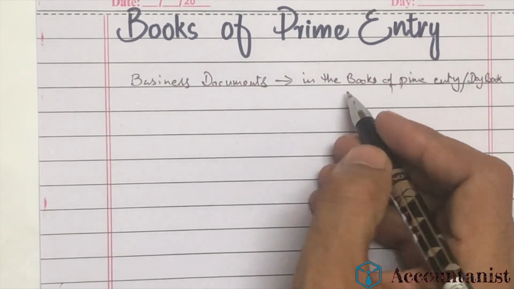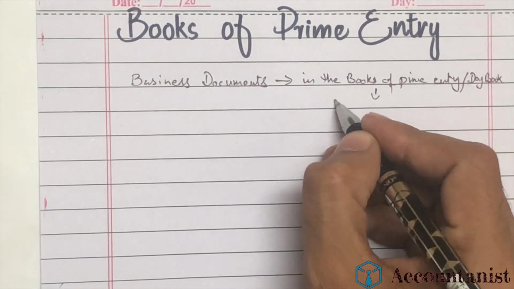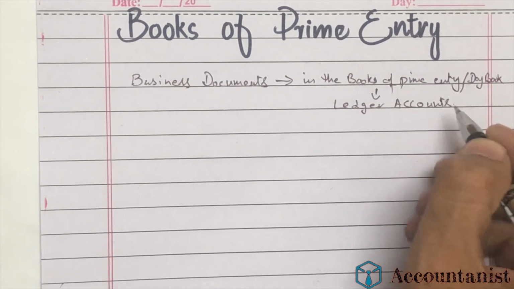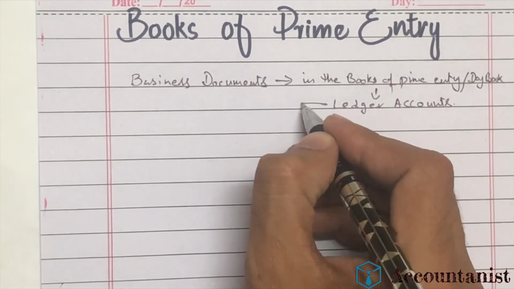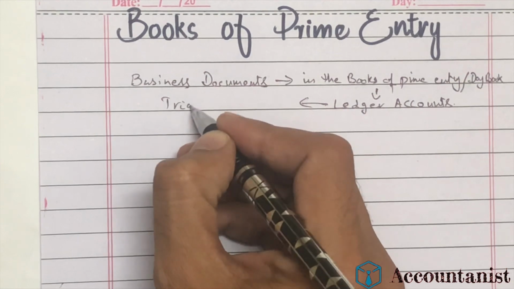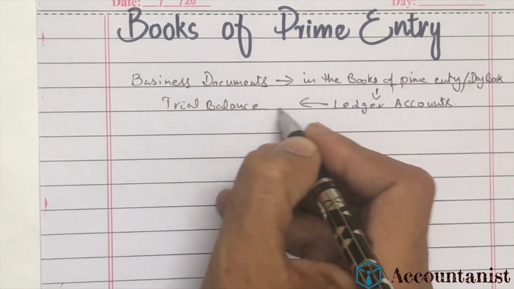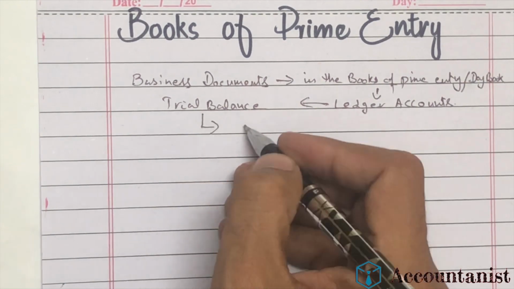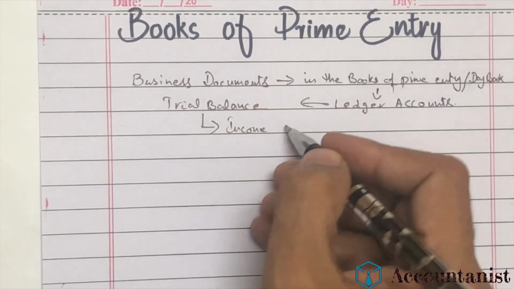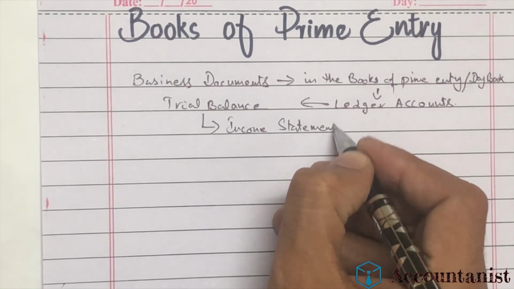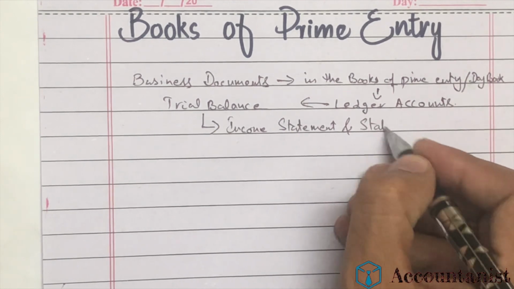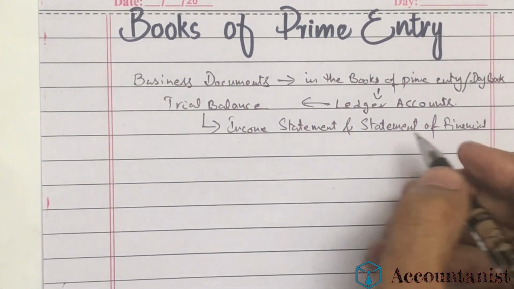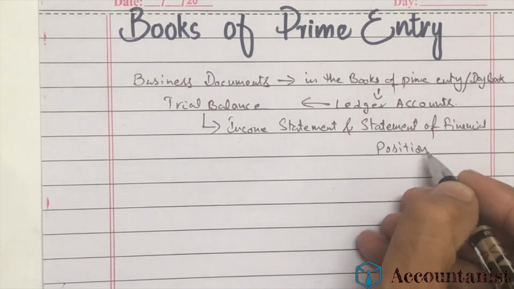From this we record the transactions into the ledger accounts, the T accounts that we made, and from these ledger accounts we make the trial balance, and from this trial balance we make financial statements, meaning the income statement and the statement of financial position.